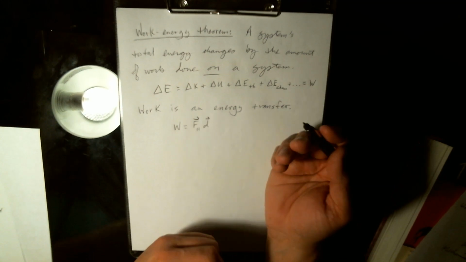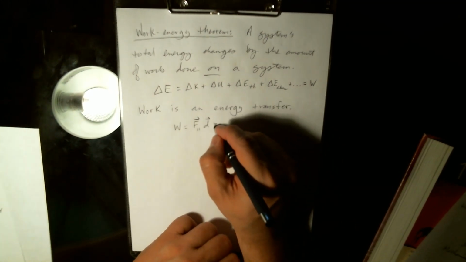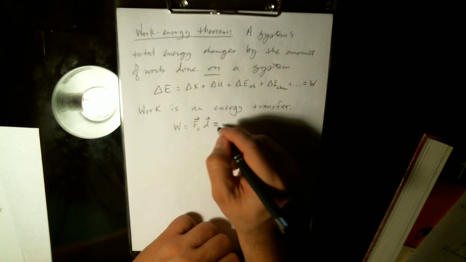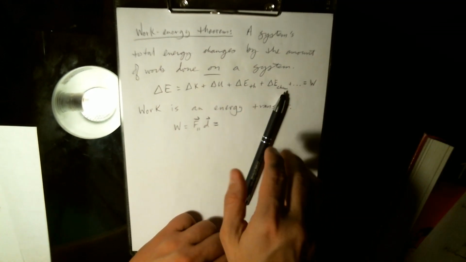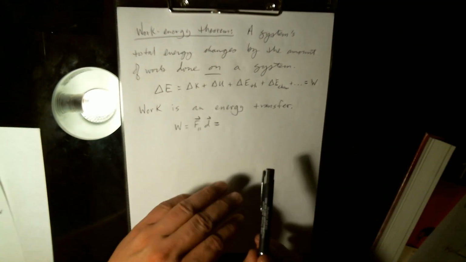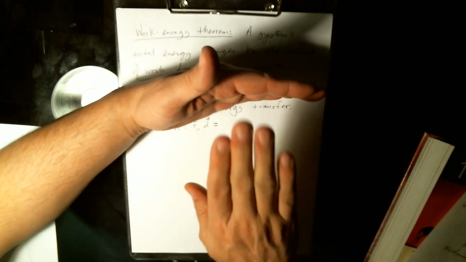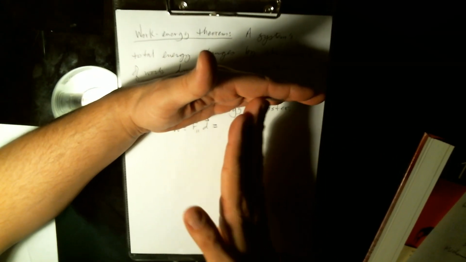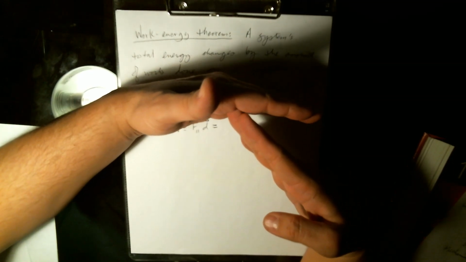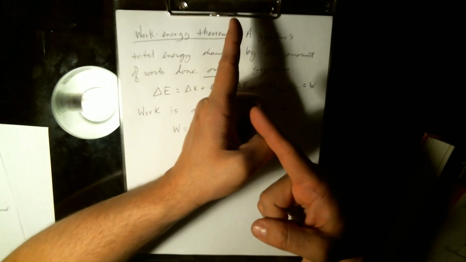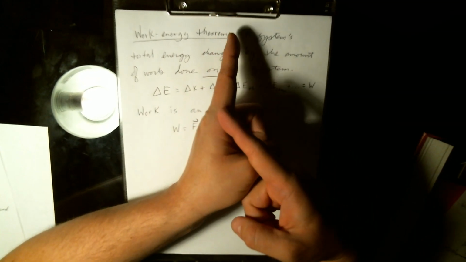Now, of course, this is an AP class. It's not a regular class. So that means we talked about what happens if there's an angle between the force you apply. Like, say I'm pushing on this trash can, but I'm pushing down at an angle, or I'm pushing up at an angle, or I'm pushing sideways at an angle. So the trash can starts to move this way. Its displacement is like this, but my force angle is like this.